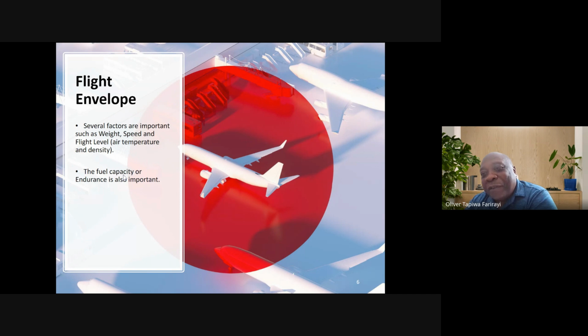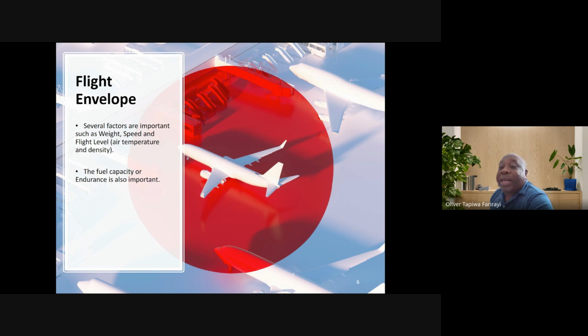So when we were doing flight planning, you notice there are points where there will be a change in speed, a change in levels. It's because now you are allowed to do that within that envelope without causing any harm, any structural damage to the aircraft, the aerodynamics of the aircraft, and also not negatively affecting your fuel endurance. If you wanted to go on full thrust all the way, that's fine.